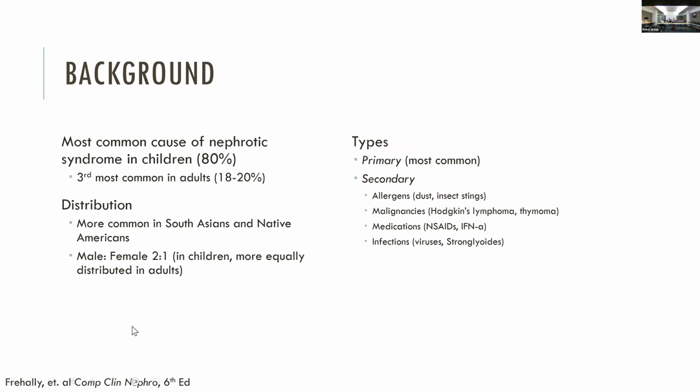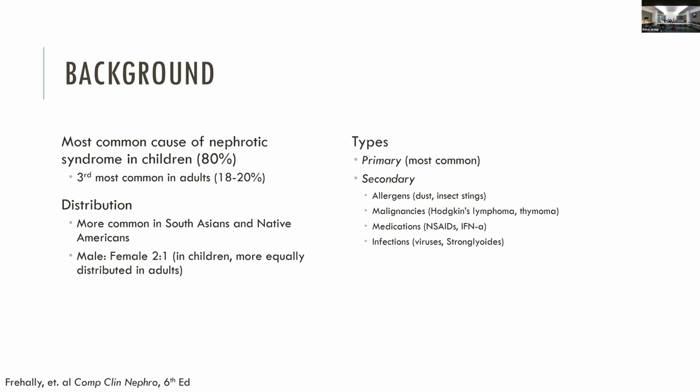It's the most common cause of nephrotic syndrome in children, 80% of them, and it's the third most common in adults, 18 to 20% of adults. It's more common in South Asians and Native Americans, and it tends to be more in males in adults, whereas in children it's more equally distributed between genders.